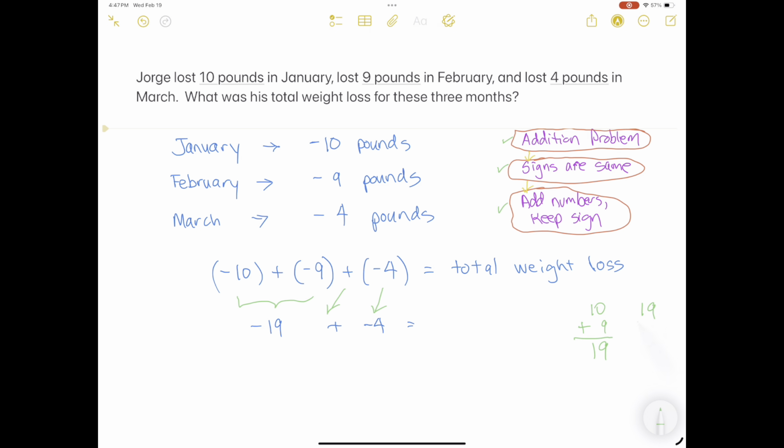Negative 19 plus negative 4 also both have the same sign, so I add those together. 19 plus 4 equals 23, and I keep the negative sign. The solution is negative 23 pounds. I box my answer. And I write out my answer. Jorge lost 23 pounds. And I box my answer.